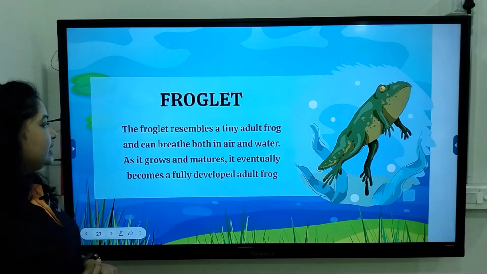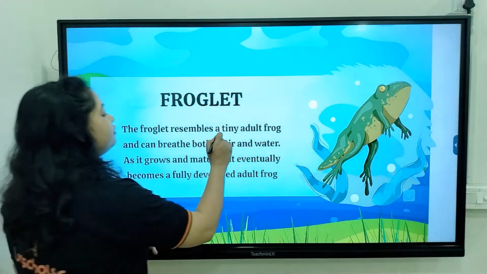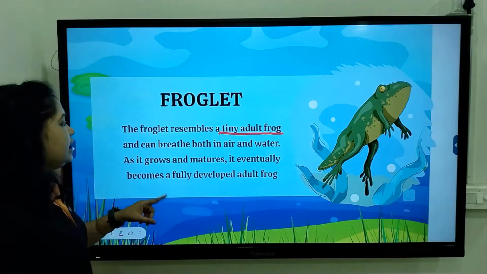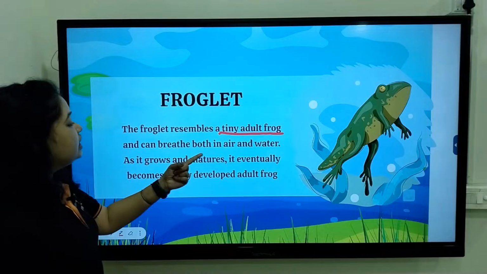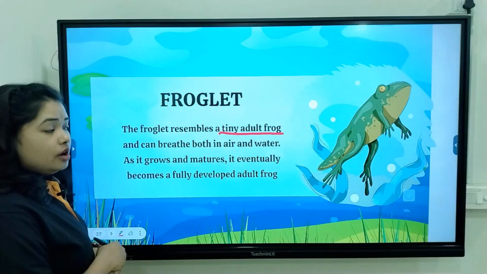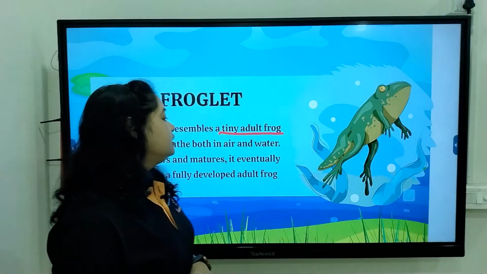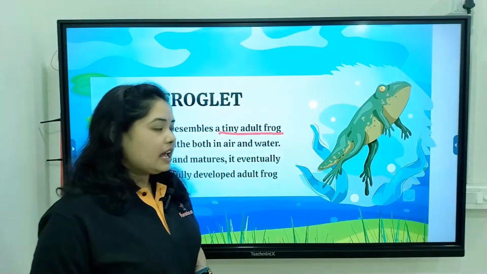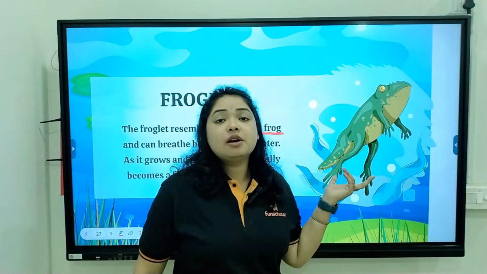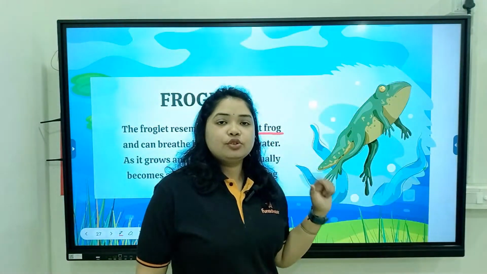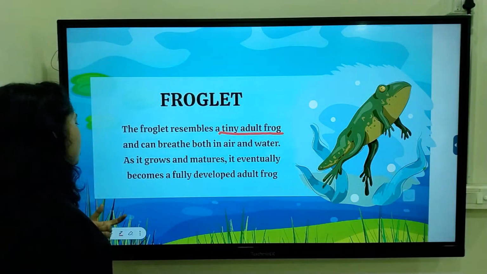Now in the froglet stage, which is nothing but a tiny adult frog, these creatures can breathe both in air and water. Why? Because they have got the lungs to breathe in air, right? And for water, they will be having the moist skin. So the moist skin helps the frogs to breathe underwater.